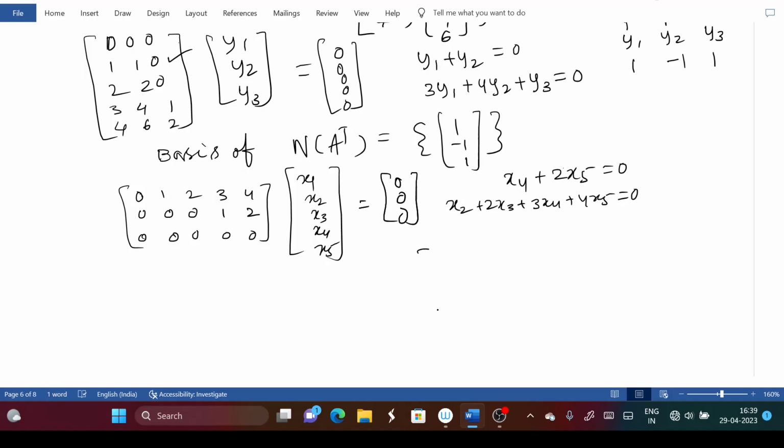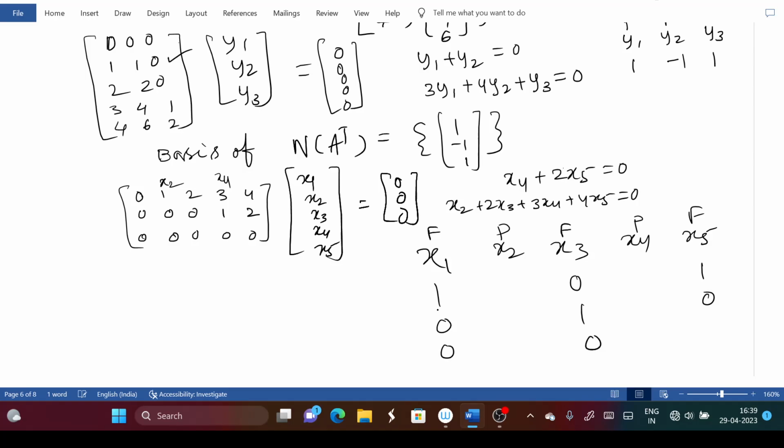Now from these two equations, let me write down x1, x2, x3, x4, x5. So x2 and x4 are pivots. So it is pivot, it is pivot, and free, free, free: 1, 0, 1, 0, 1, 0, 0, 0, 1.